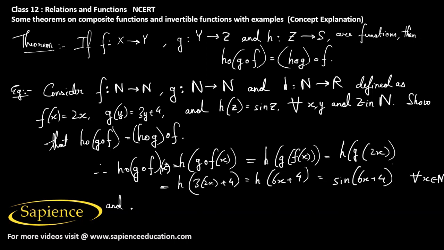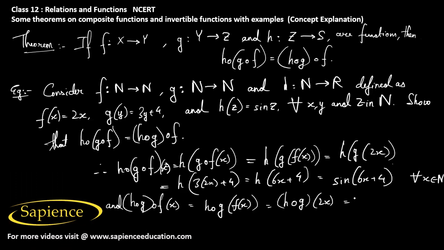And then (h∘g)∘f of x is h∘g of f of x. So that will be h∘g of 2x. It will be equal to h of 3 into 2x plus 4.